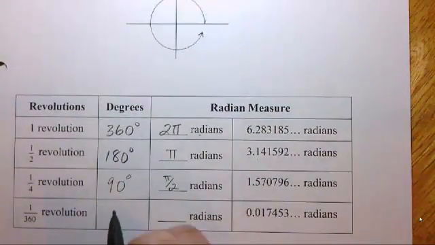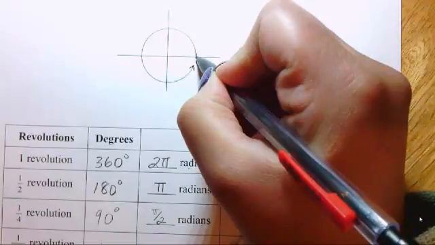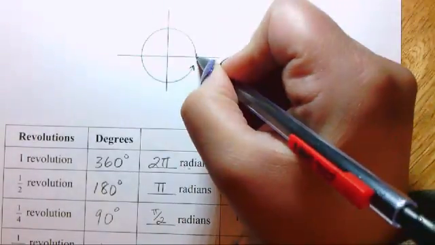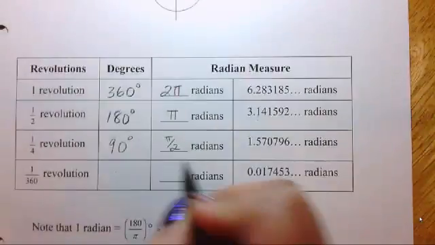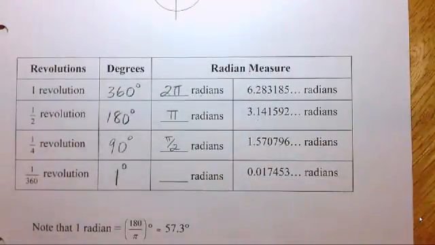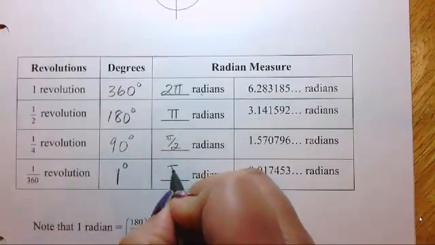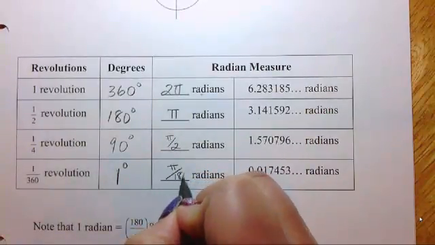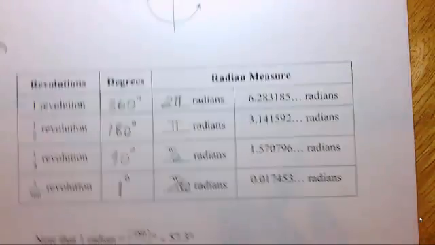And 1 degree, so if we go 1/360th of a revolution, so if we divide this whole circle up into 360 sections and only go one of them, then that is what 1 degree is representative of. So this is the same as pi over 180. Okay, and that's the decimal form of it.